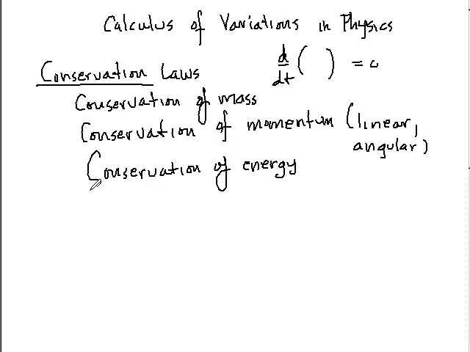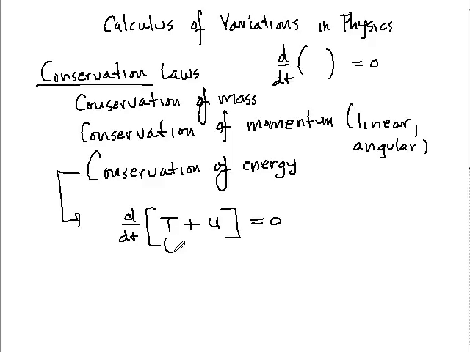Well, if I look at energy, conservation of energy, this says that the time rate of change of the kinetic energy plus potential energy equals 0. So if T is the kinetic energy, the energy from motion, and U is the potential, this says that the sum of potential and kinetic energy, which is called E, remains constant, ignoring friction and things like this.